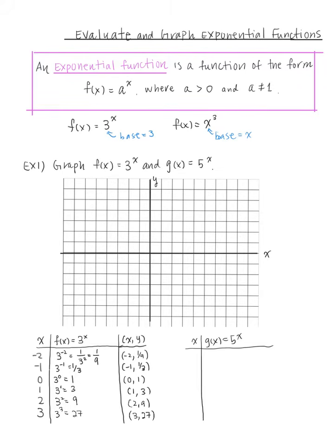Let me first draw this graph out. I'm going to start with the first ordered pair, -2 comma 1/9. When x is -2, our y value is 1/9.